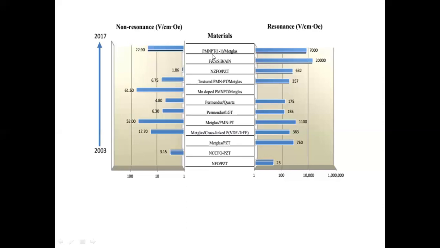For this bilayer composite material, the non-resonance value of ME coefficient is 22.90, whereas for the same composite, the resonance value is 7,000. Resonance means that when the applied AC magnetic field matches the natural frequency of this material, resonance takes place.